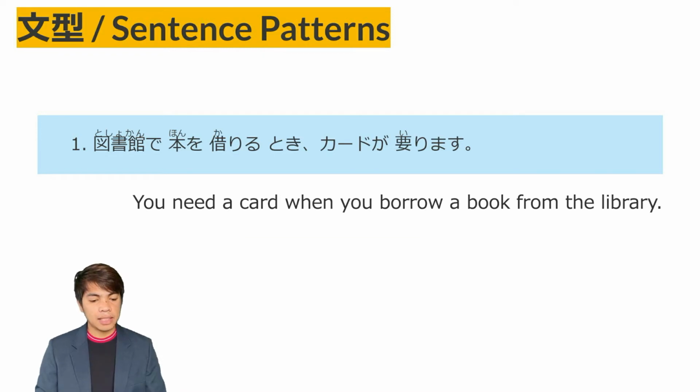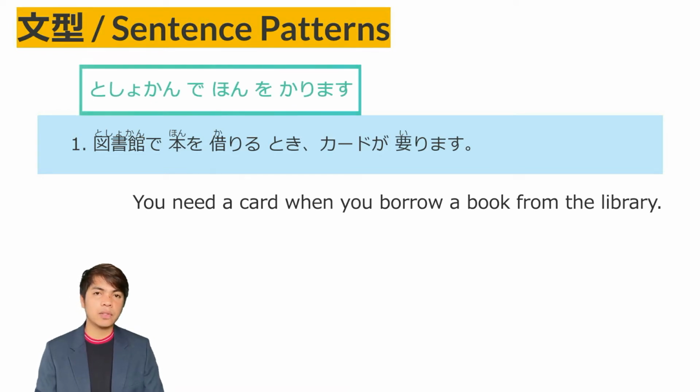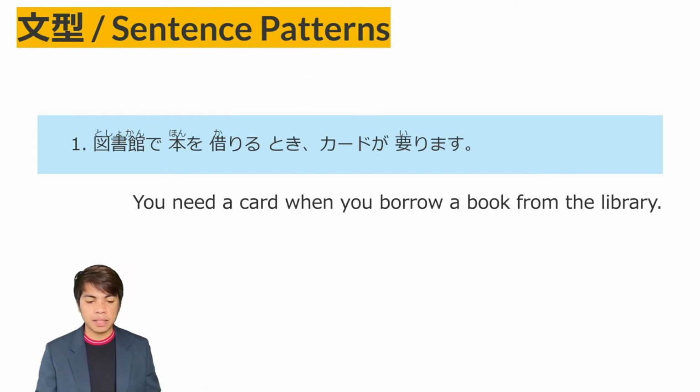Just like this sentence, from Toshokan de hon o karimasu, to borrow a book from the library, the verb karimasu should be in plain form to connect it to toki. So kariru toki, when borrowing a book at the library. Then the main clause is: you will need a card.